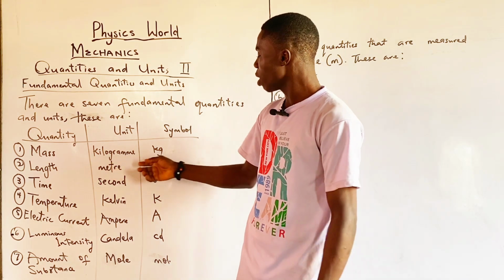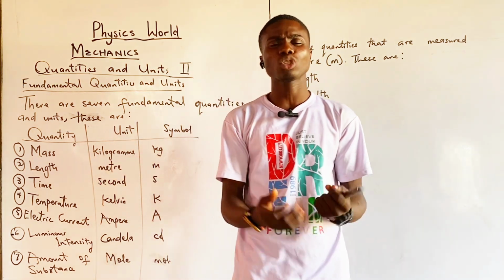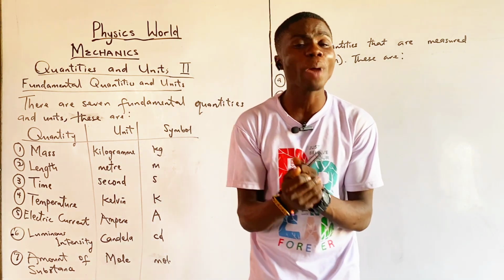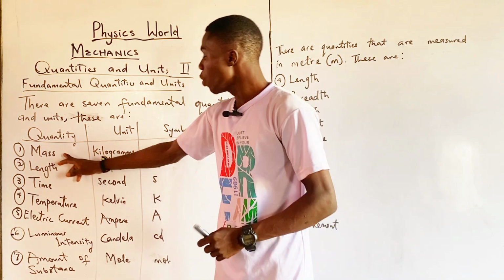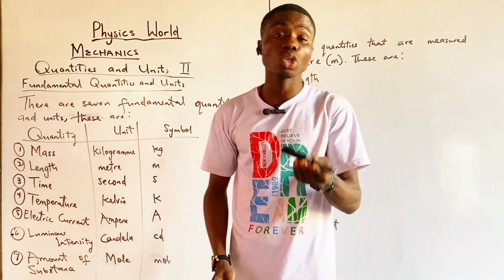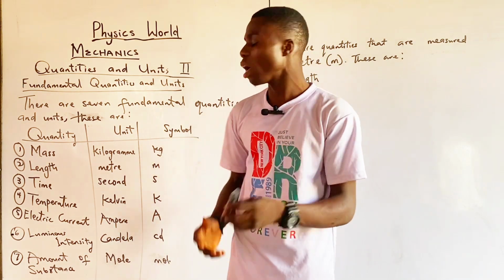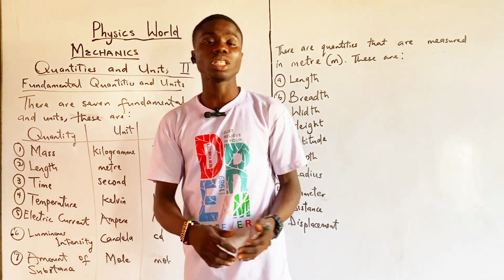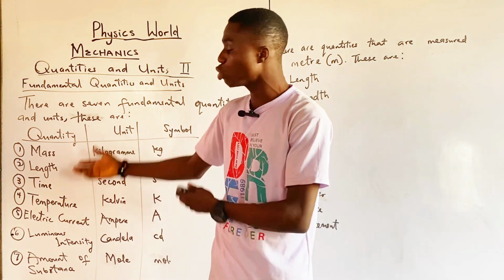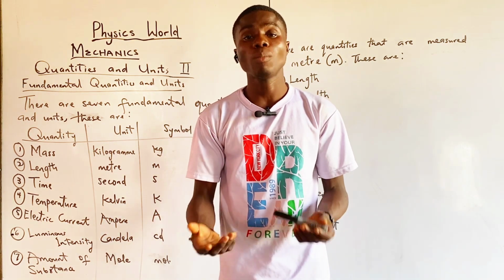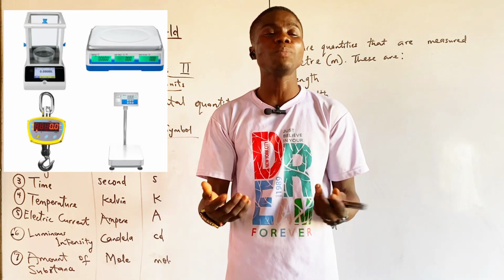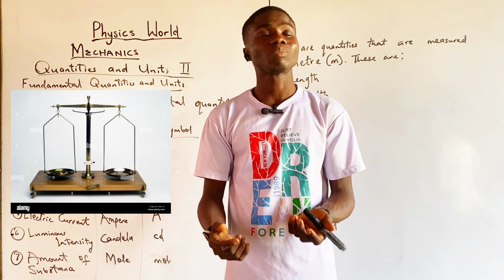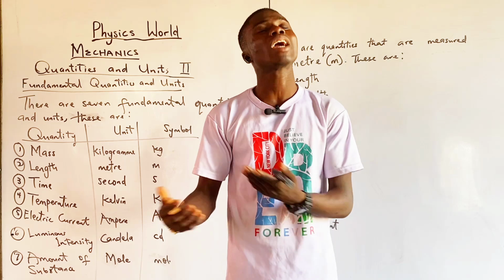Mass is measured in kilogram, and it is kg, and there are some things I want to beg you to note very well. I've explained what mass is, the quantity of matter in an object. What we use to measure mass is a balance. We have many balances, like the chemical balance.